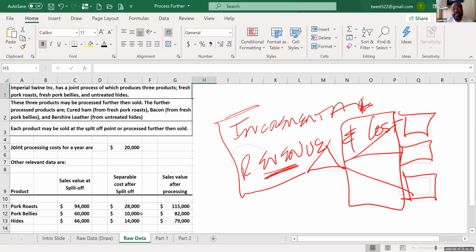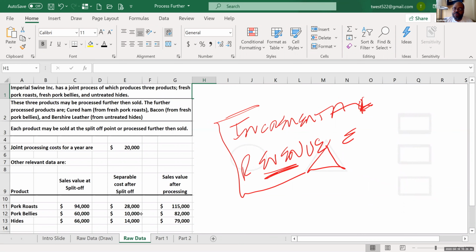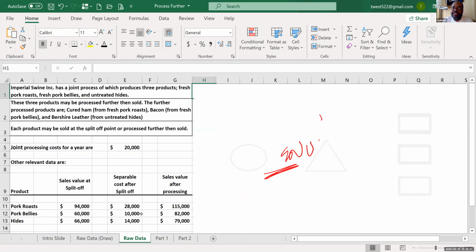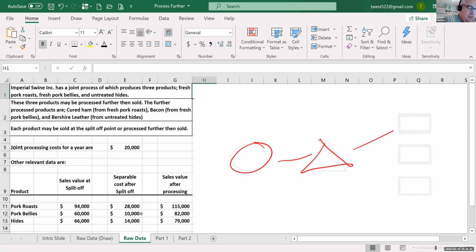Is that fair? Correct. It is not costless for us to process this further. We can cut bait now and sell it now, or we can do a little bit more to it, but that's going to cost us money. Okay, so if we put back in our little visual.